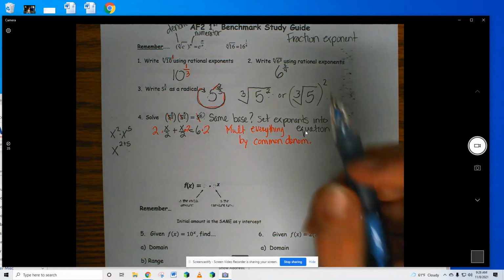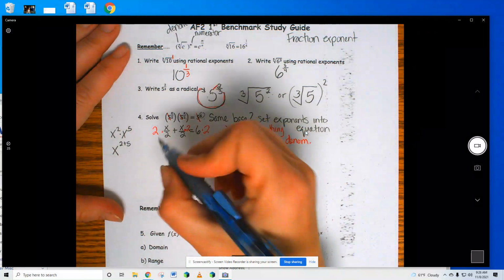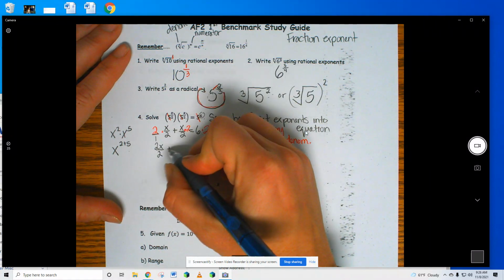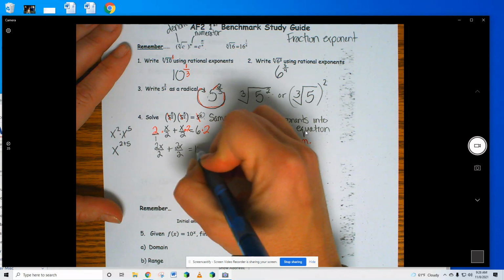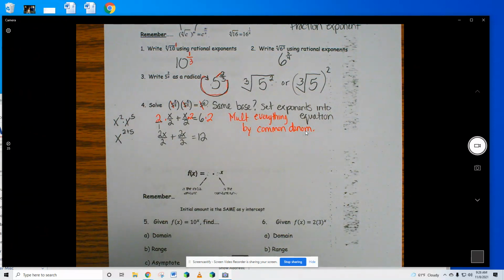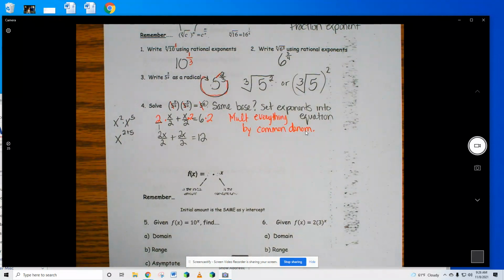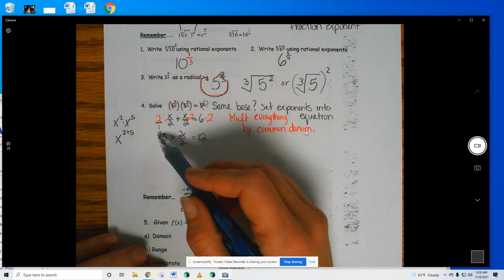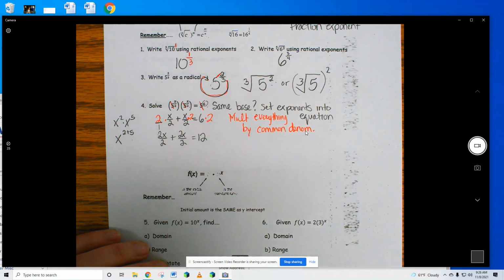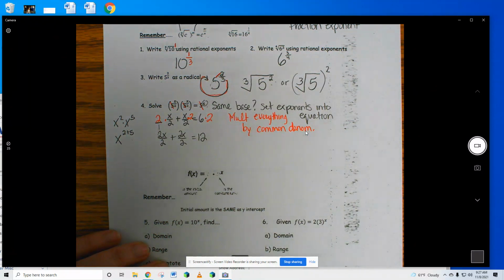So this would be, when you multiply straight across, 2x over 2 plus 2x over 2 equals 12, right? Because when I multiply fractions, I multiply straight across. And then, what's 2 over 2, guys? Simplify 2 over 2, a number divided by itself. 1.